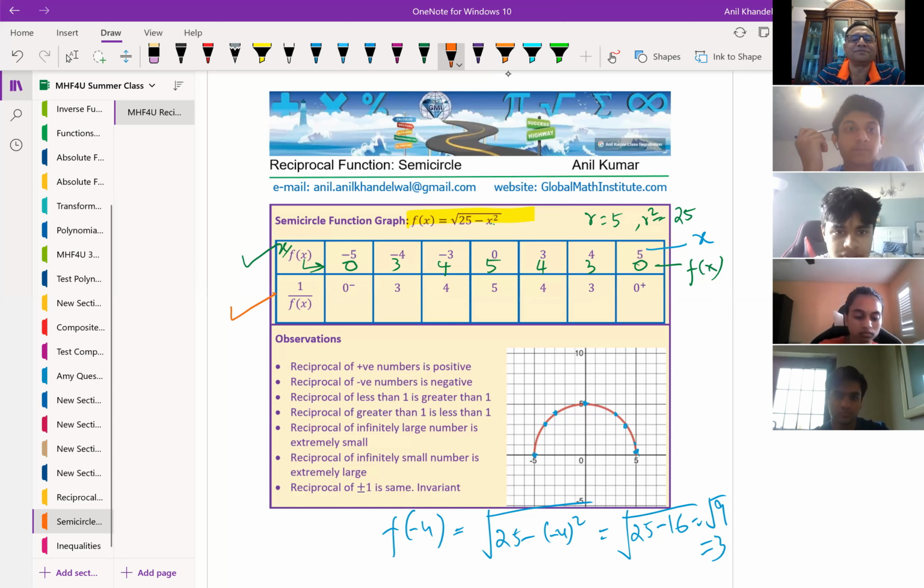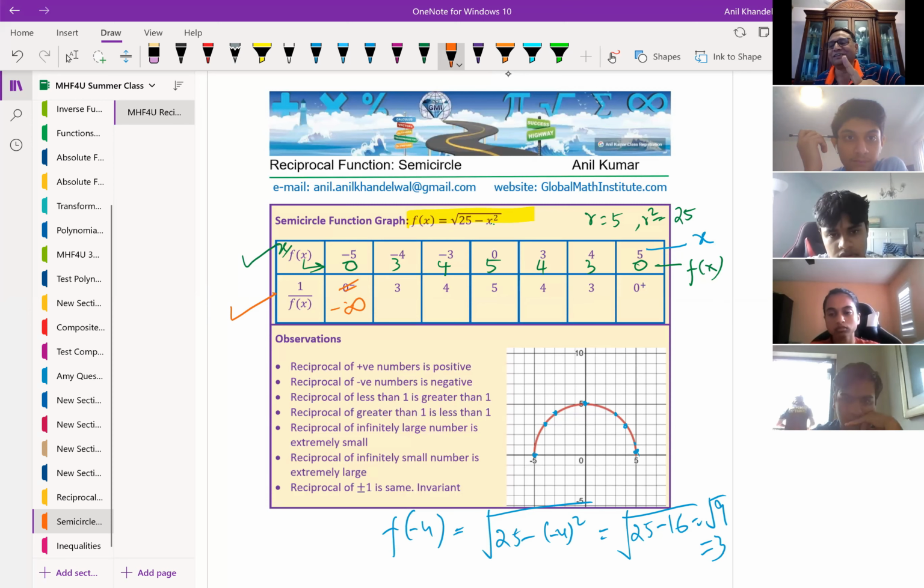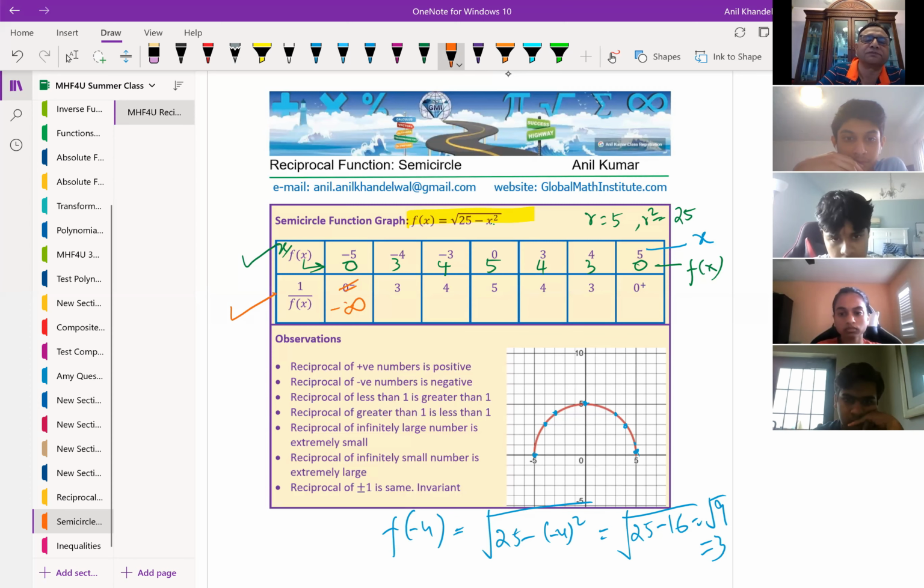So you already know the values, so you plug in the values for each one. So the first one was f of x equals -5. So it would be 0, but it is negative, correct? So if you do 1 over f of x, it will be infinitely large, correct? Yeah. But because it was coming from the negative side, right? It will be negative. Yeah. Oh, sorry, it is positive 0. Sorry, it is positive 0.